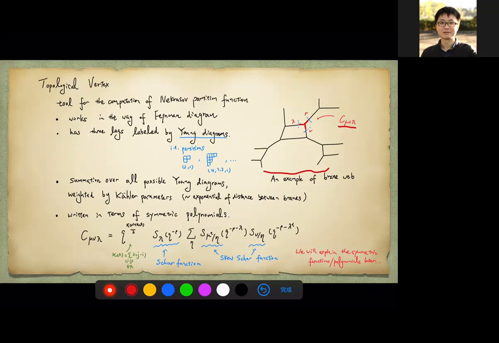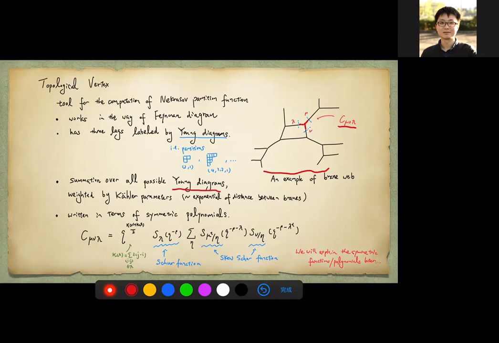And then we just multiply these topological vertices together and sum over all these internal Young diagrams.